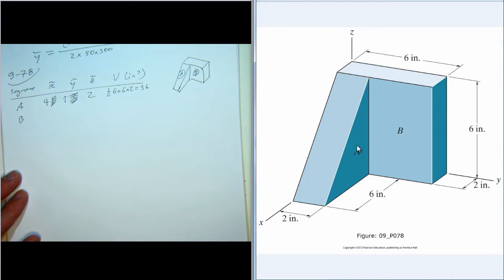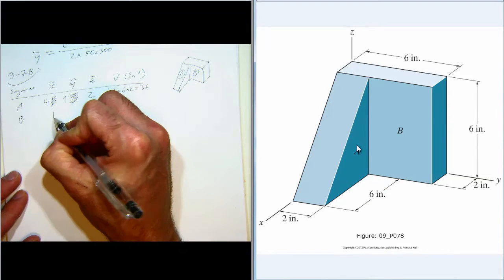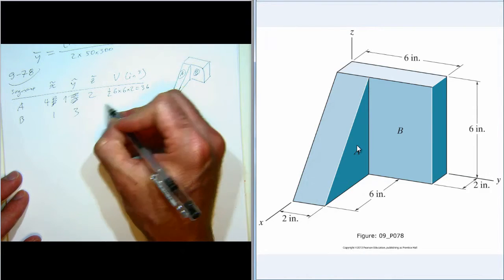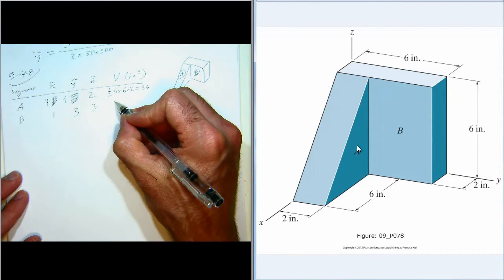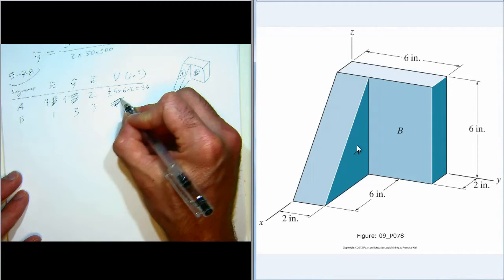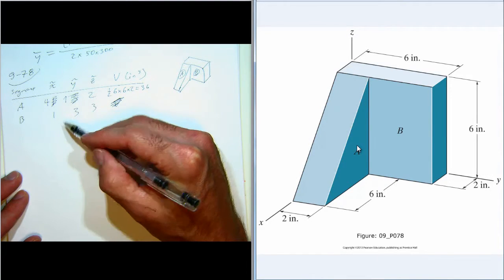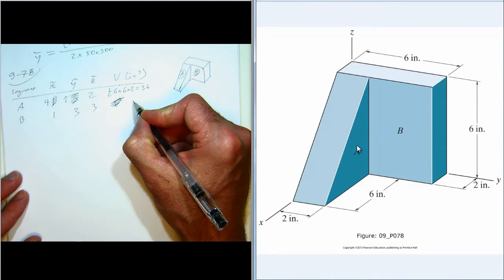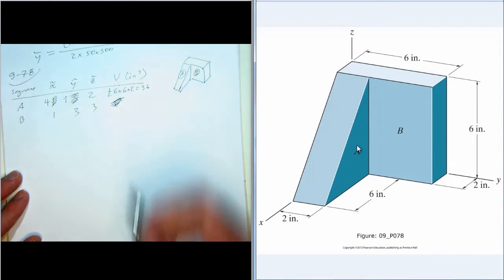And then for component B, x tilde is 1, y tilde is 3, and z tilde is 3. And the volume is 1 times 3 times 3, so 9. Oh, the volume, I'm sorry, I was too quick.